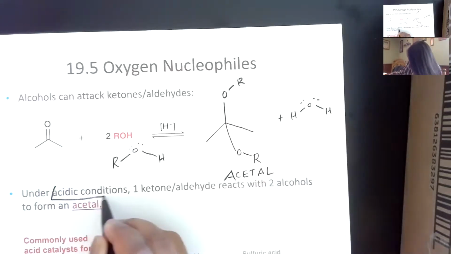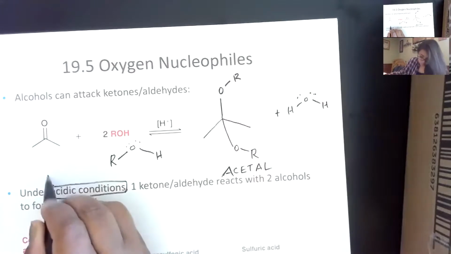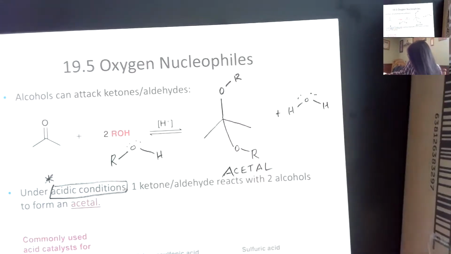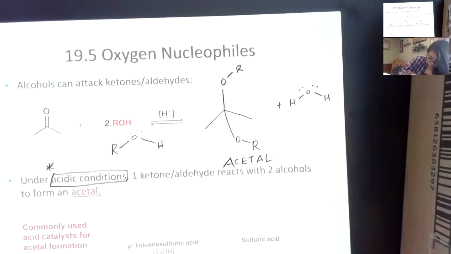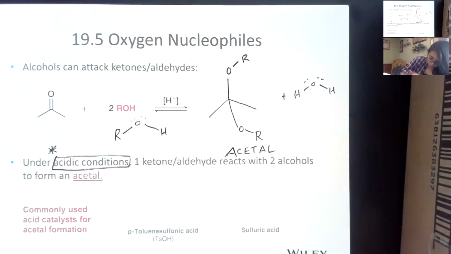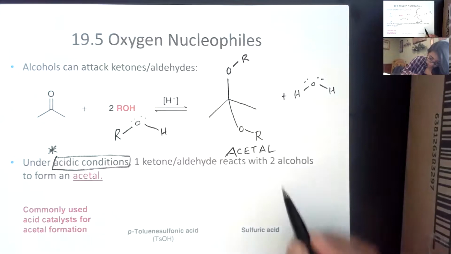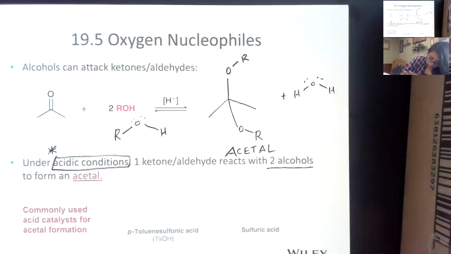Under acidic conditions, again, you have to be specific. Is that acidic? Is that basic? One ketone molecule or one aldehyde will react with 2 alcohols to form an acetal.